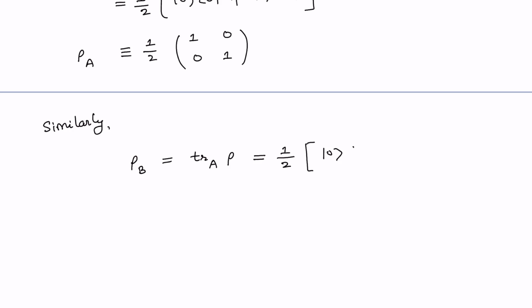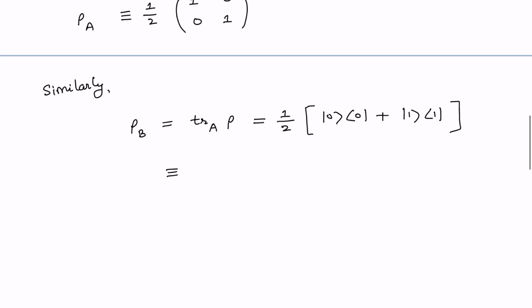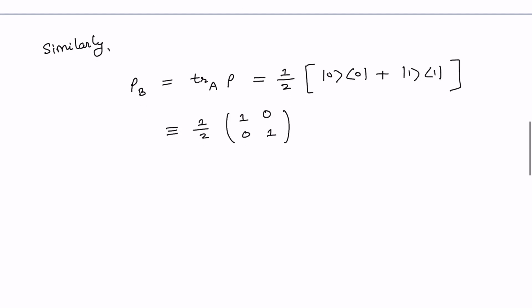You will get 1/2 times ket 0 bra 0 plus ket 1 bra 1, and in matrix form this is going to be 1/2 times the matrix 1 0 0 1, right? So this is what you will have.